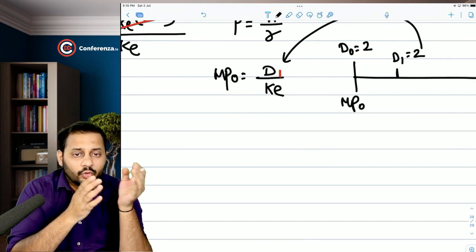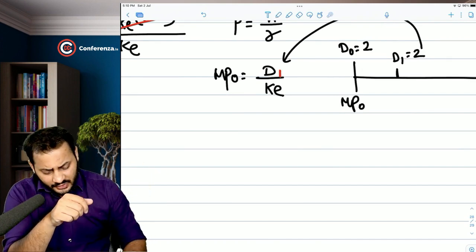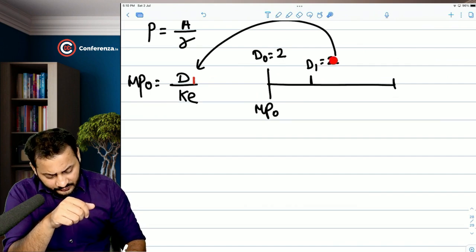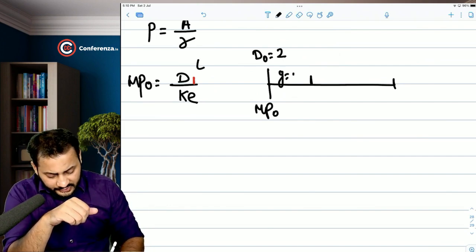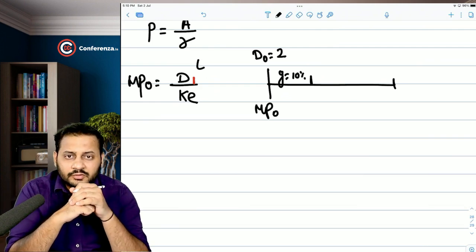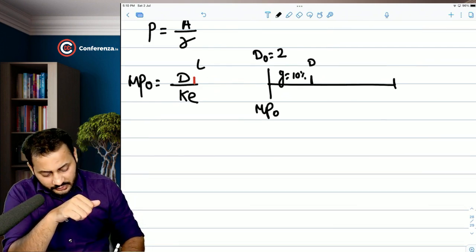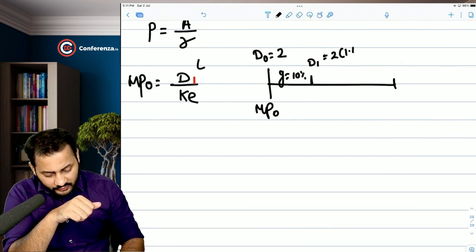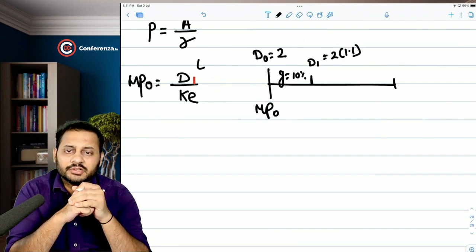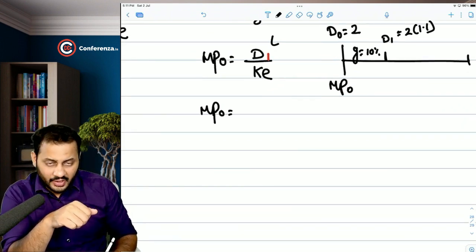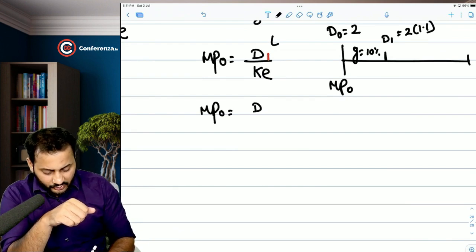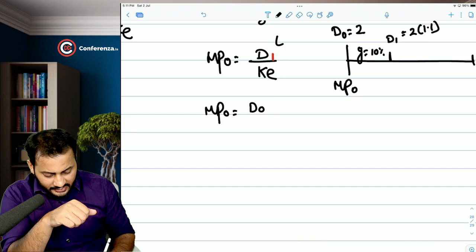So let's assume a similar situation where the growth rate is 10%. So D1 will be 2 in bracket 1.1, meaning an additional 10%. At that time the formula becomes MP0 is equal to D1 divided by cost of equity, and D1 is calculated as D0 in bracket 1 plus growth.